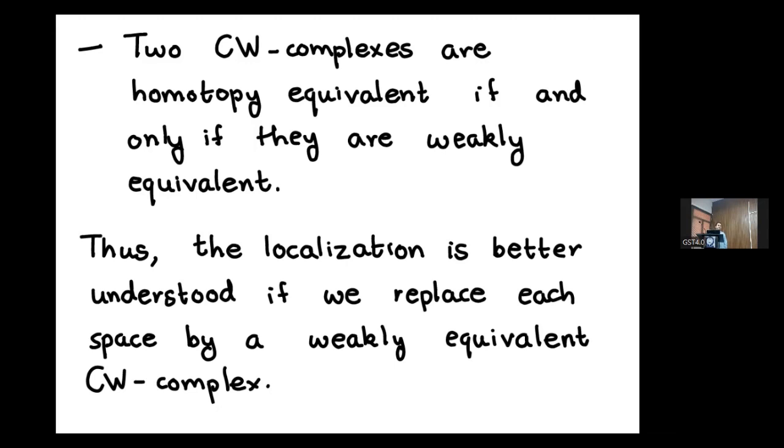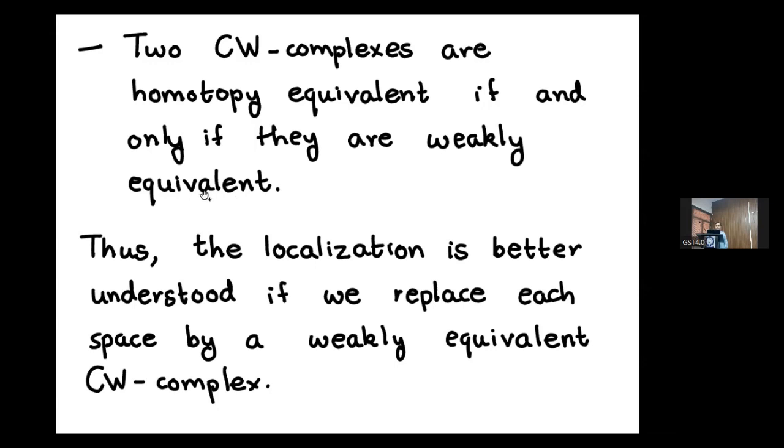So in a way, this is a compromise based on what we said we wanted to do in the beginning, that we wanted to look at things up to homotopy equivalence. That's not what we are doing, but at least this puts something into perspective, and I think it should also clarify why CW complexes are important.